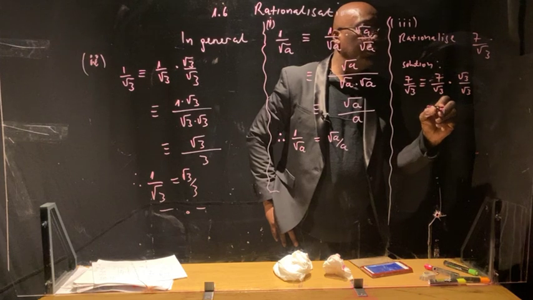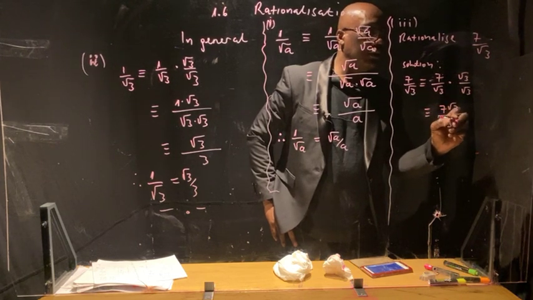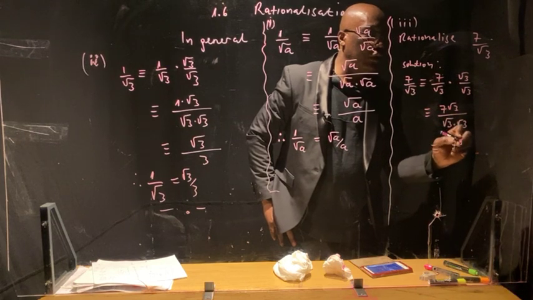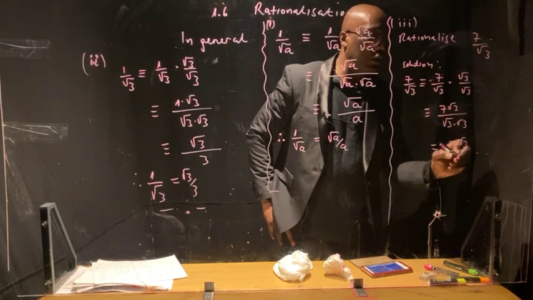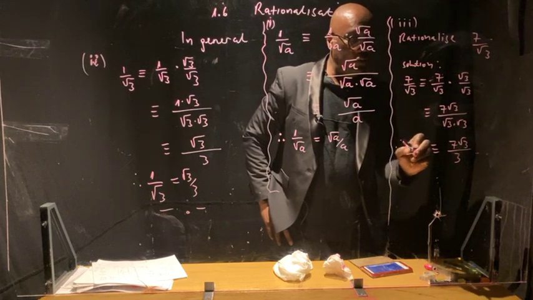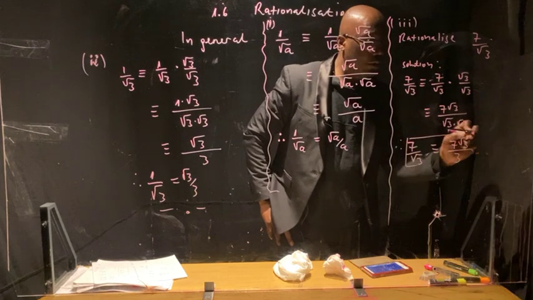We have 7 root 3 over root 3 times root 3, which is equal to 7 root 3 over 3. Therefore, 7 over root 3 is equal to this.